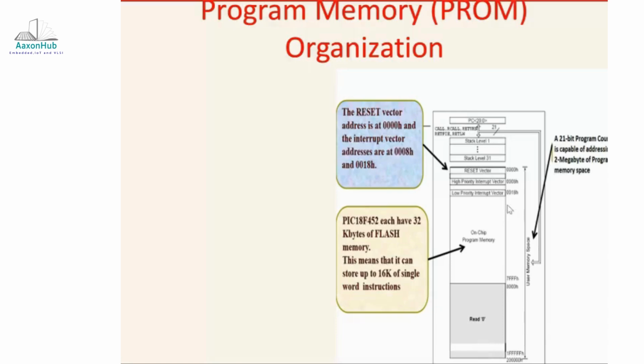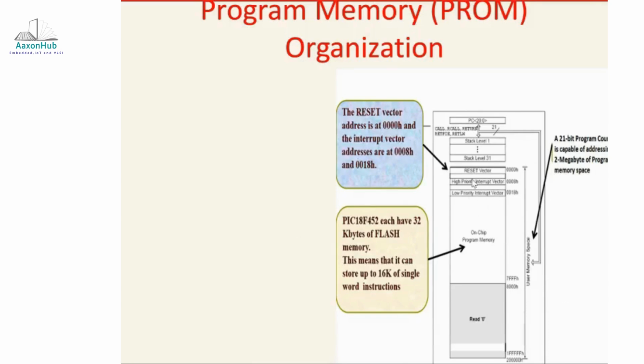It can be helpful for any general programs, or in the case of a subroutine, an interrupt, or a return from your subroutine, your pointer will help you. As per the total size of this memory, the 21-bit address for the program counter is capable of 2 to the power 21, near around 2 MB of program memory space.